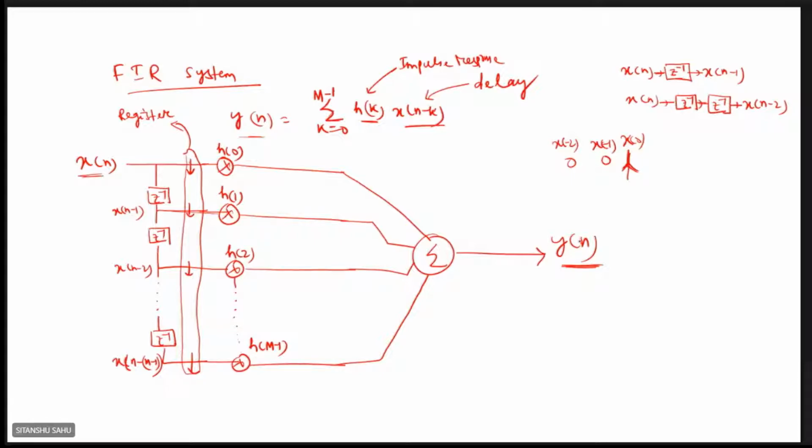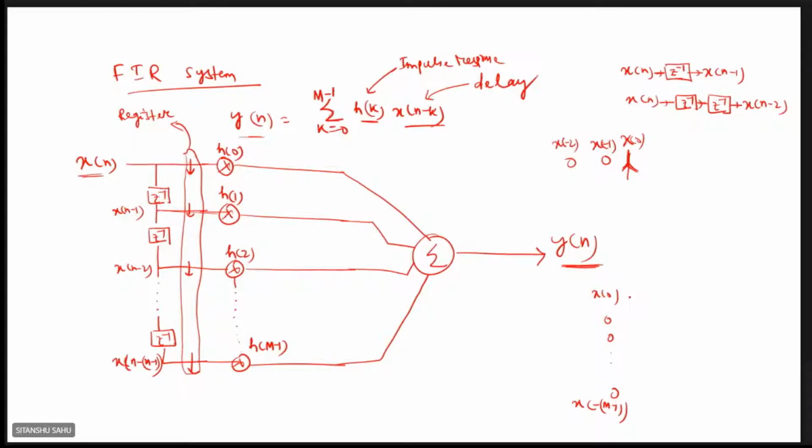So to compute y of 0, here we assign 0 0 to the registers, right? So that means it will be x of 0th value, then 0 0 0, it will go up to x of n minus 1. Isn't it?